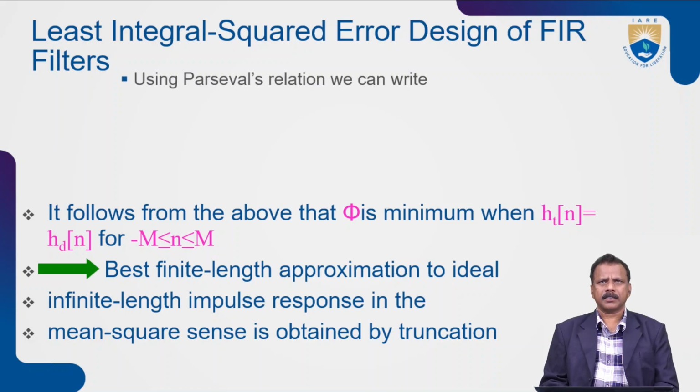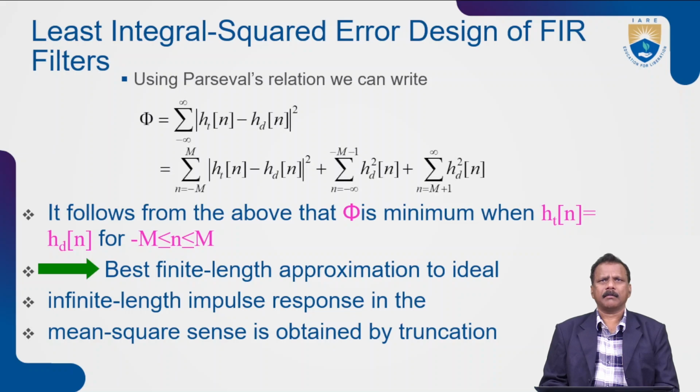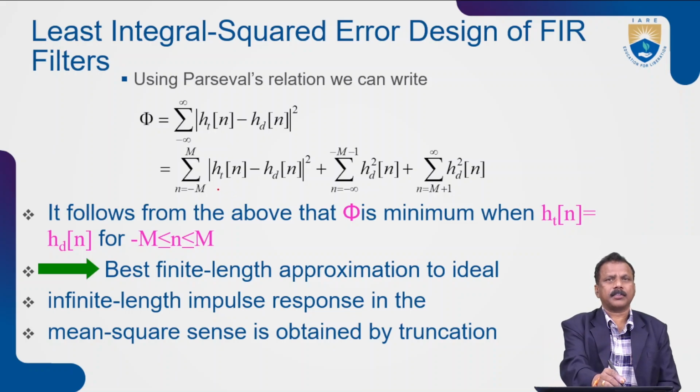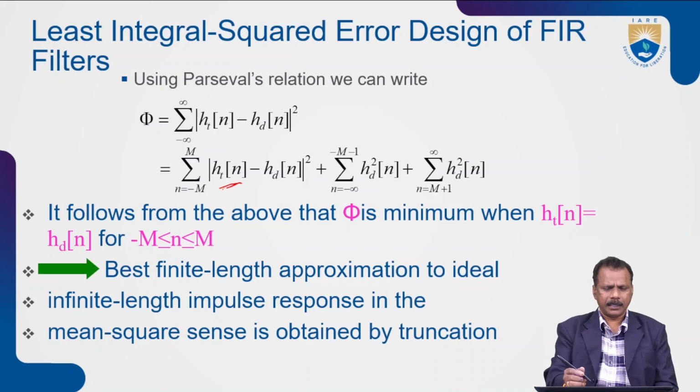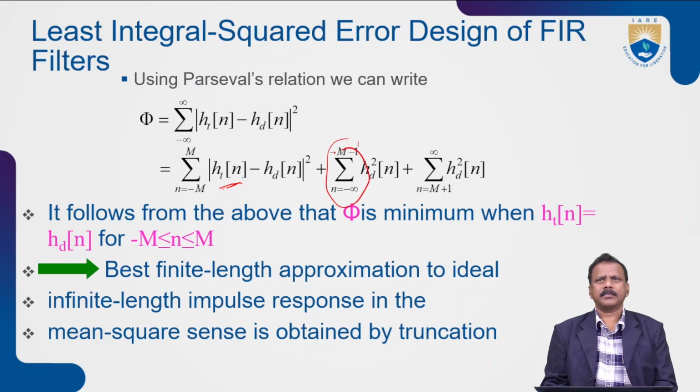Using Parseval's relation, we can write in mathematical notation: psi is equal to the summation from minus infinity to plus infinity of |sT(n) minus sD(n)| squared, which equals the summation from n equal to minus M to plus M of |sT(n) minus sD(n)| squared, plus the summation from n equal to minus infinity to minus 1 of sD squared of n, plus the summation from n equal to M plus 1 to infinity of sD squared of n.